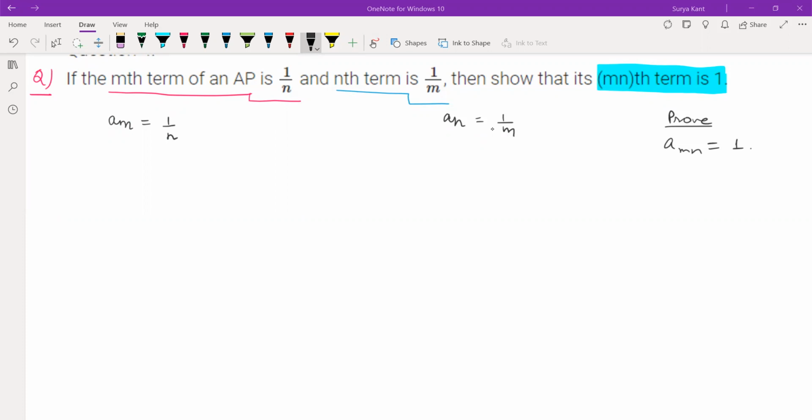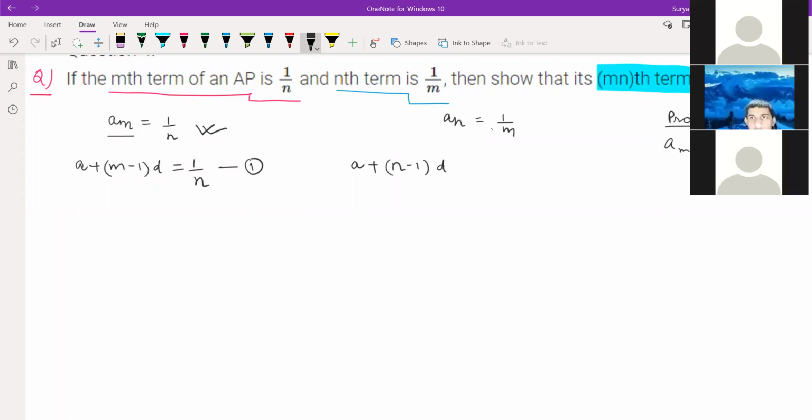So see, mth term is 1 by n. So mth term formula, what we are writing? a plus (m minus 1) into d is equal to 1 by n. This is the first equation. And we can write here a plus (n minus 1) into d is equal to 1 by m.